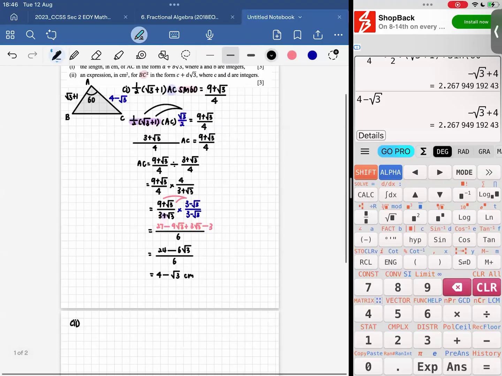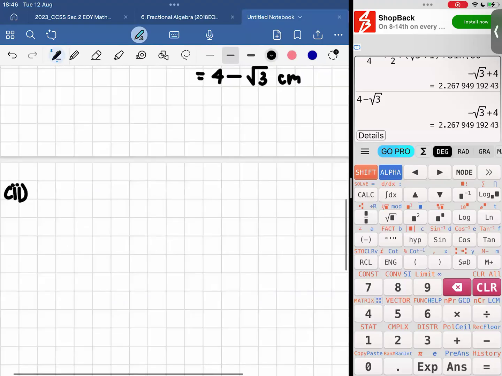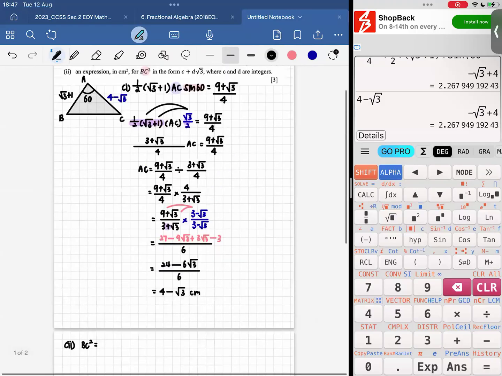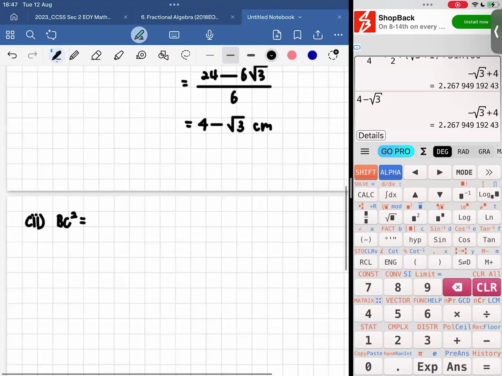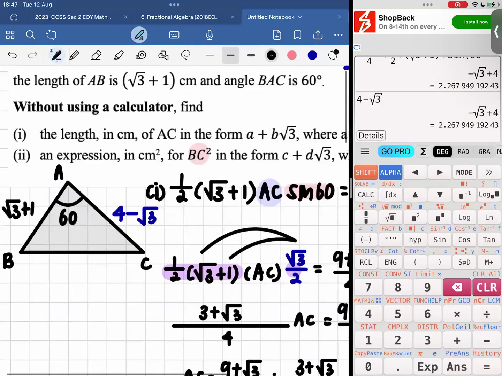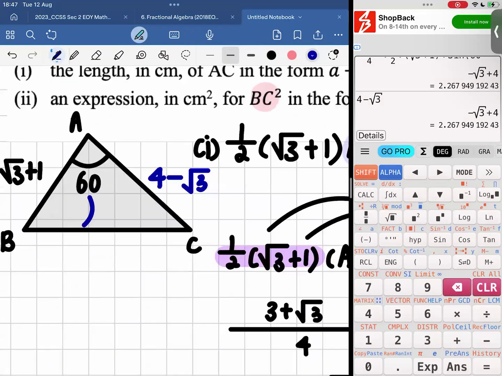So the cosine rule will give your BC squared, because you're going to use the 60 degrees, correct? BC square will be AB square plus AC square minus 2 times AB times AC cosine 60. Always make sure the length that you're finding, you use the angle opposite it.